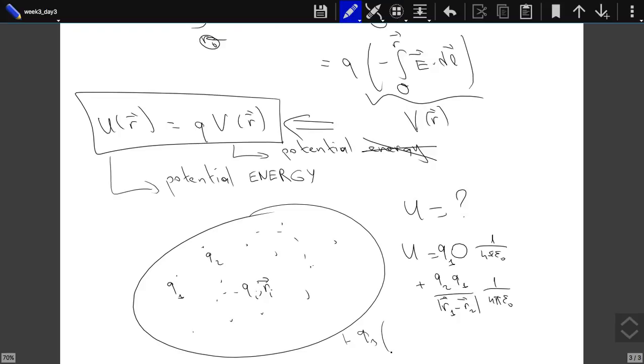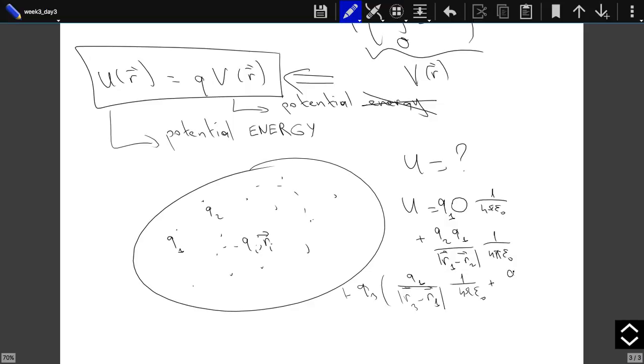Q1 creates the potential Q1 over R3 minus R1, times 1 over 4 pi epsilon 0, and Q2 creates the potential Q2 over R3 minus R2, times 1 over 4 pi epsilon 0. And I keep going, continuing bringing the charges one by one.